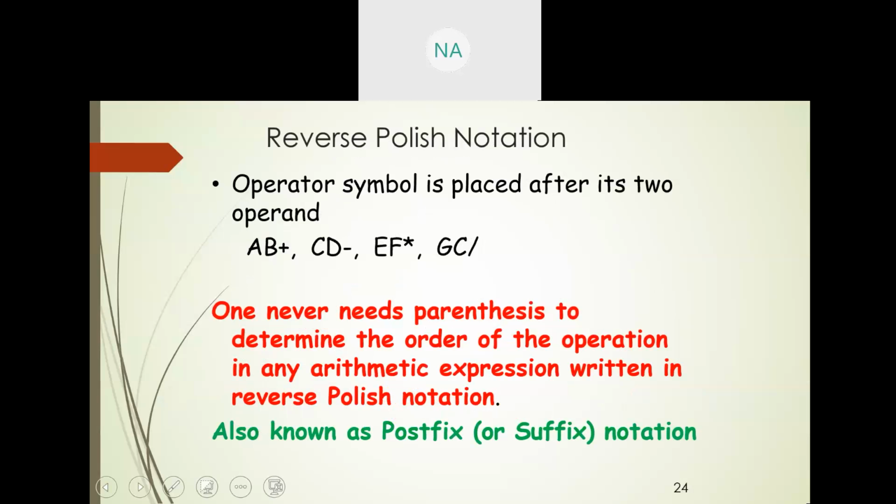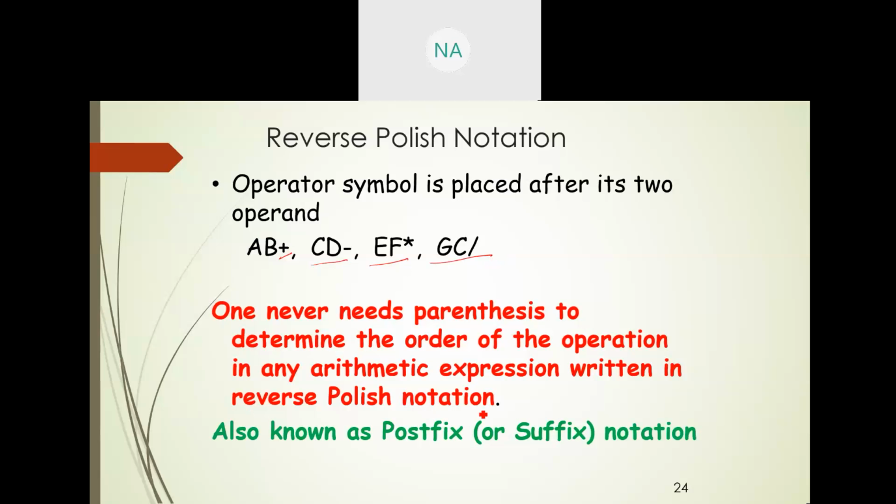What is reverse Polish notation? In the reverse Polish notation, the operator symbol is placed after its two operands. So a b plus, here the plus sign comes after its operands a and b, so it is a reverse Polish notation expression. cd minus ef multiply gc divide. One never needs parentheses to determine the order of the expression in any arithmetic expression written in reverse Polish notation.